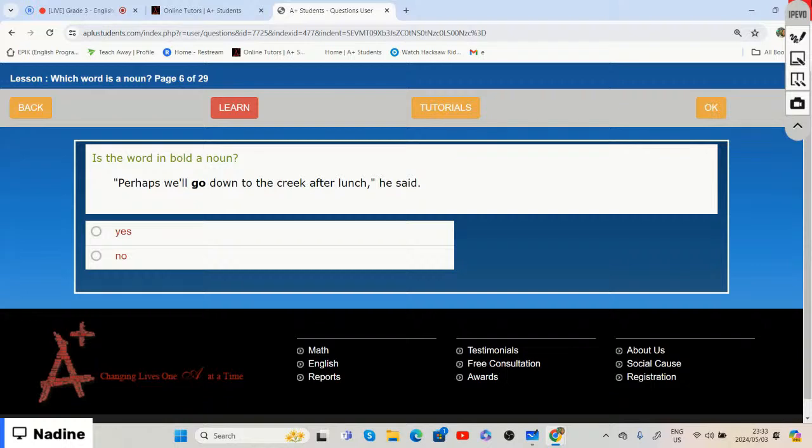Yes or no? All right, so we're going to say no, the word "go" is not a noun.